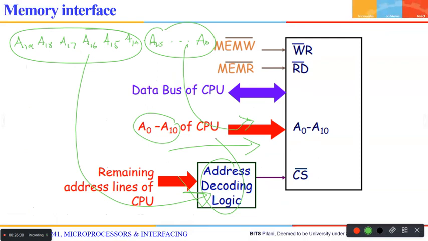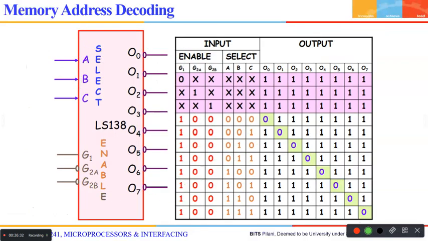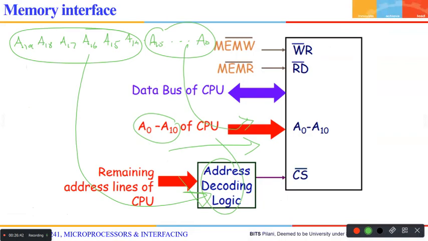Listen carefully. Why are we considering A14 to A19? That is what I am going to teach you now. I said I am going to use this as an input to the decoder logic. How I am going to use it, I will tell you in the next slide.